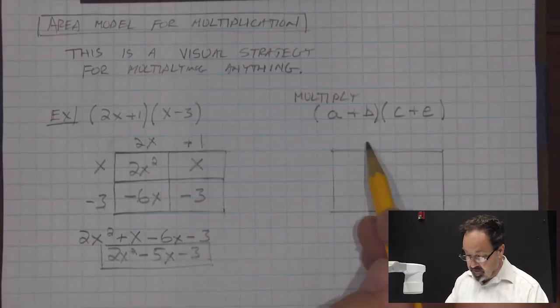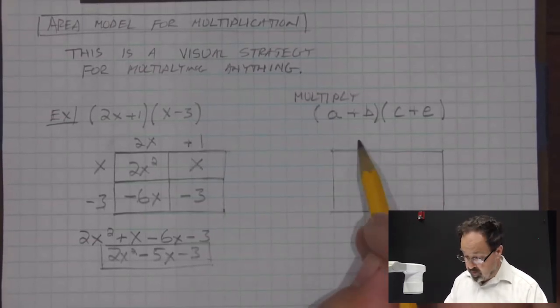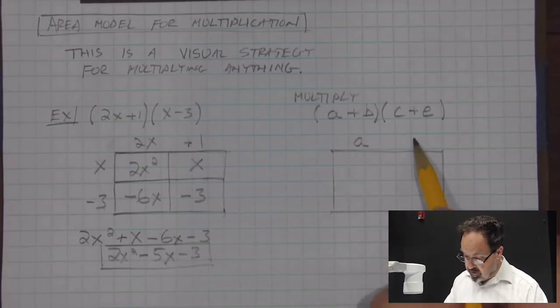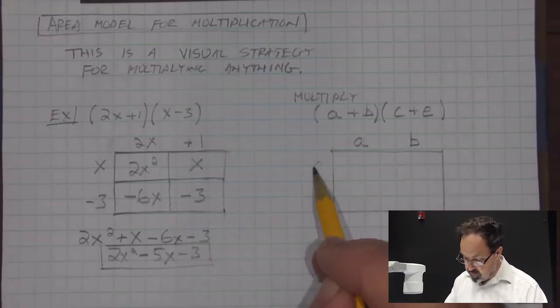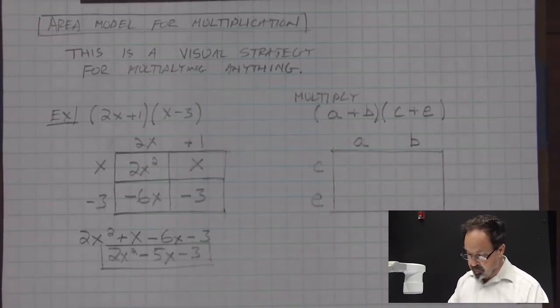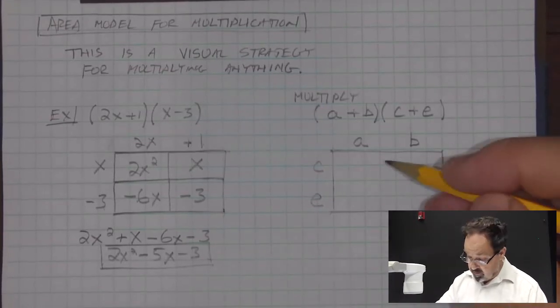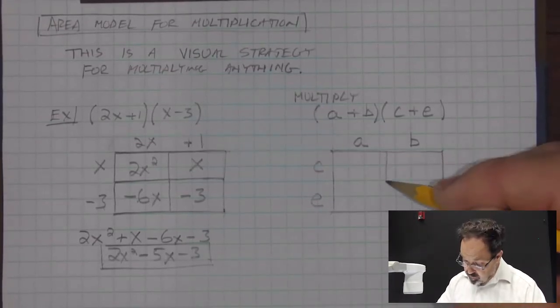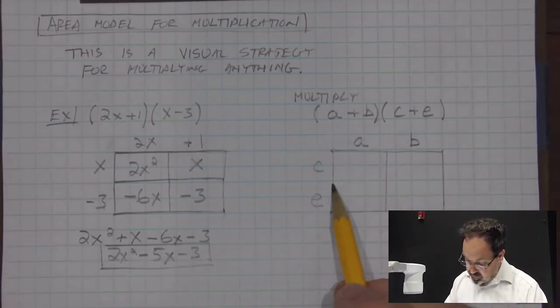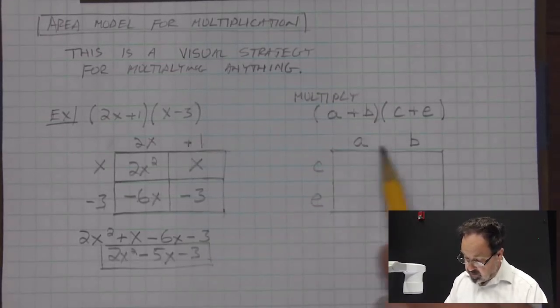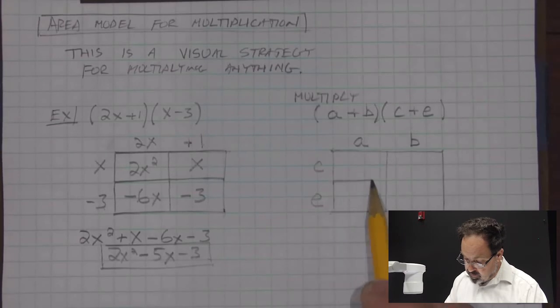I write on the sides of this bigger rectangle the two expressions that I'm going to multiply. In this case, an A and a B. And then the C plus E gets written on this side. I divide one side into two rows because there's two expressions, and this side here into two. The A and the B are in columns, and the C and the E will produce rows.